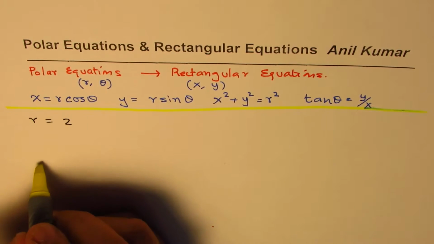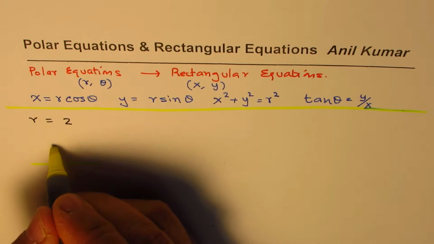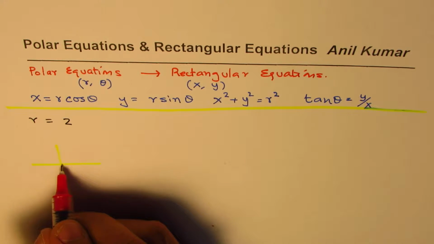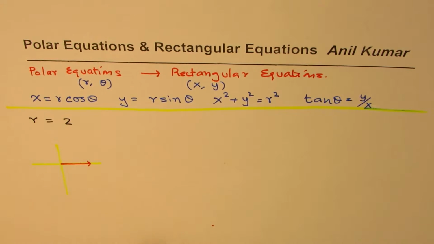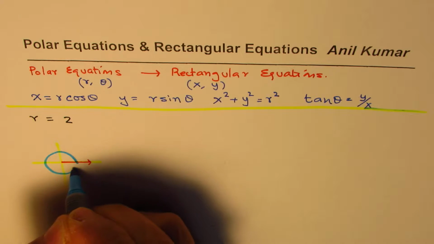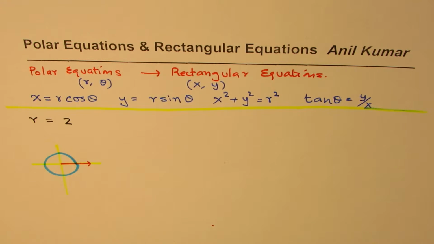It will mean that every point is 2 units away from the pole. So it means a circle, right? A circle where the points are 2 units away, right?